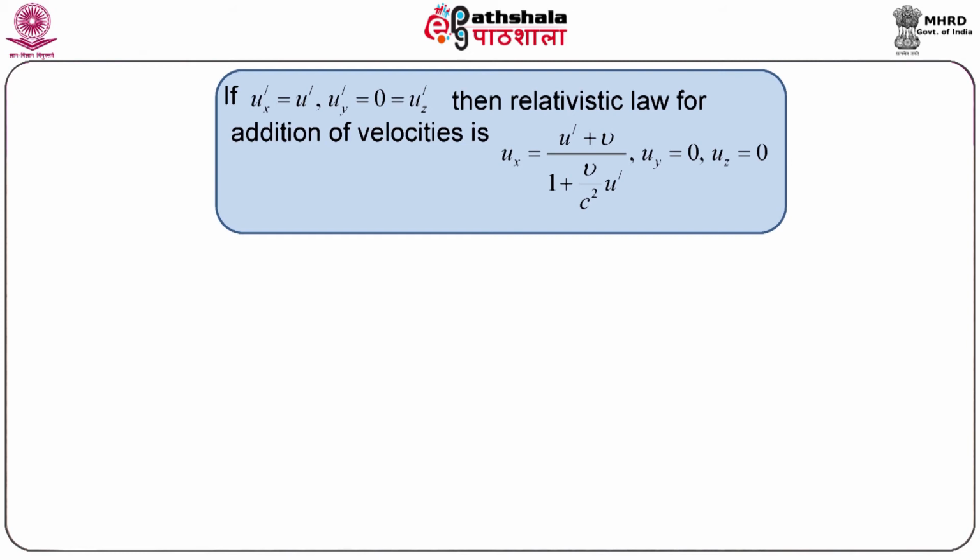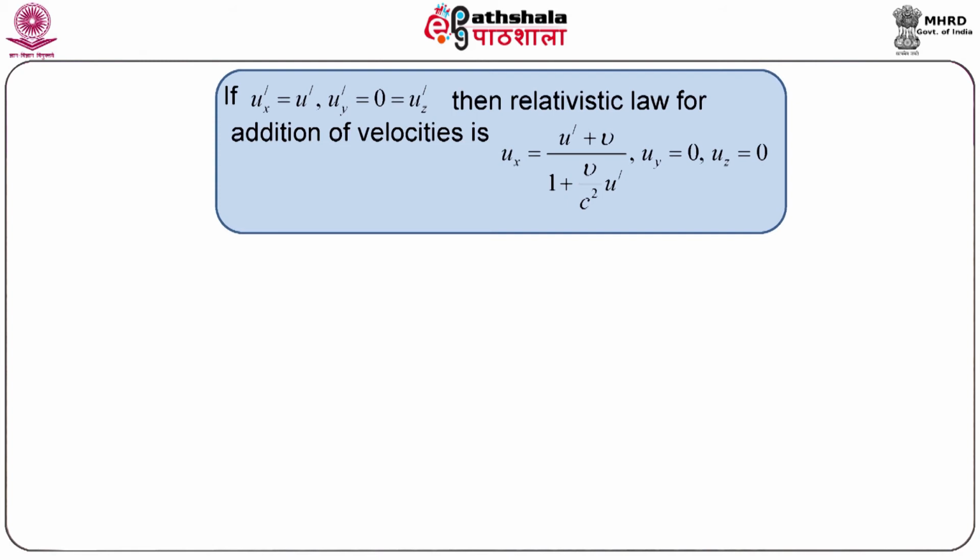u suffix x is equal to u dash plus v divided by 1 plus v divided by c square into u dash. We have just substituted u dash suffix x equal to u dash, and substituting u dash y equal to 0, we get u y equal to 0, and in a similar fashion substituting u dash suffix z equal to 0, we get u suffix z equal to 0.